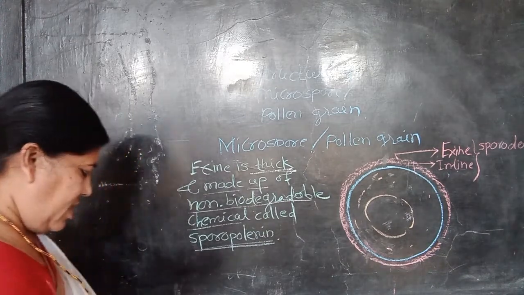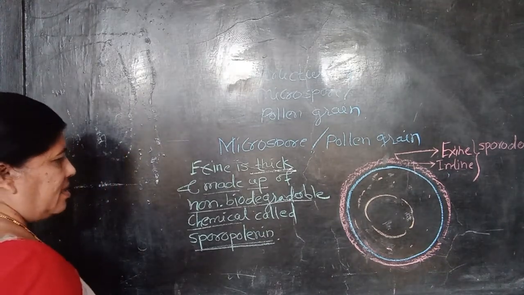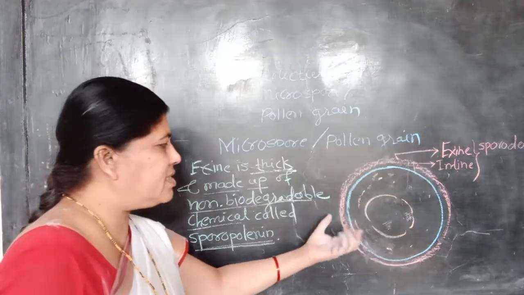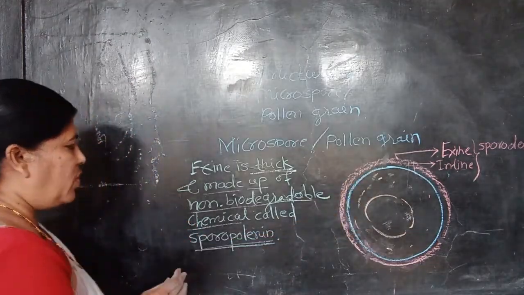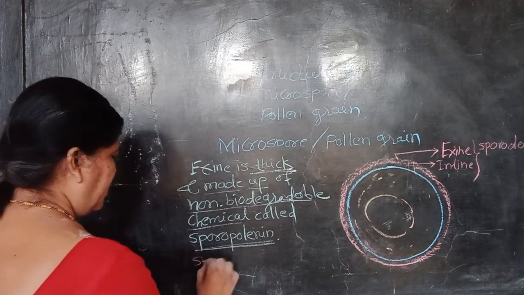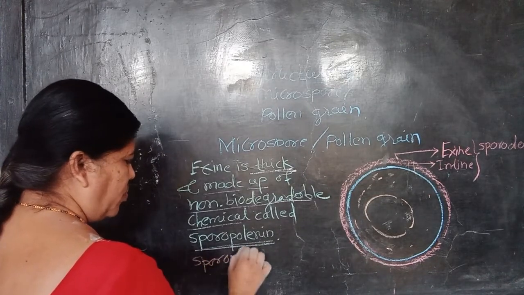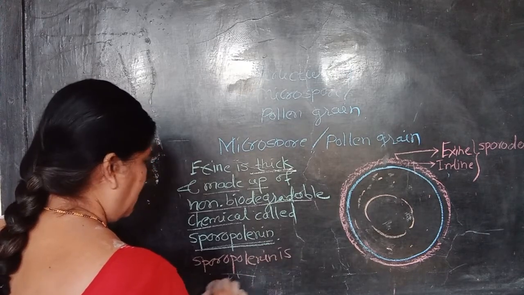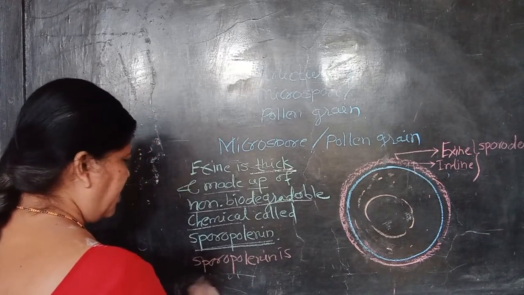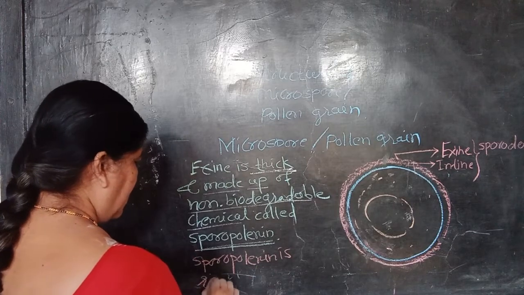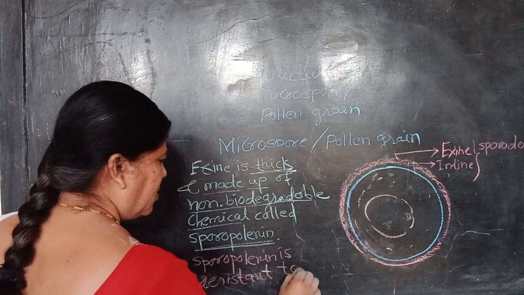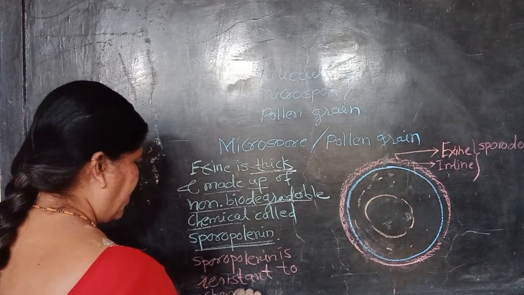Sporopollenin is a chemical resistant layer, and it increases shelf life of pollen grain. Sporopollenin is resistant to chemicals.